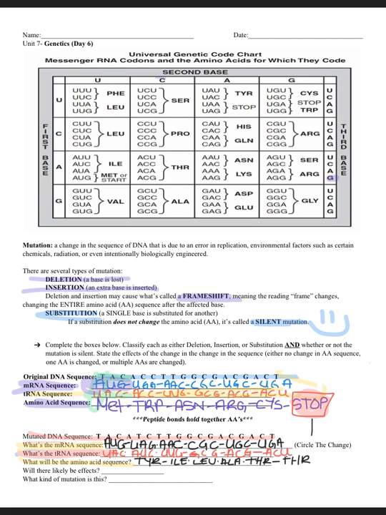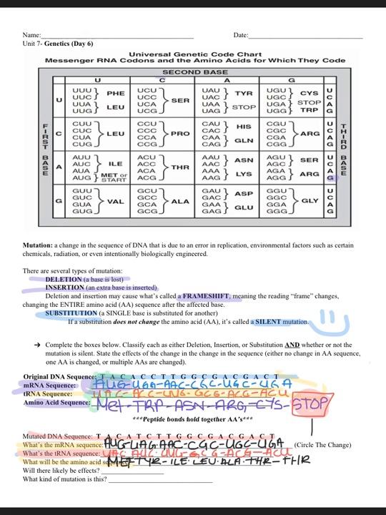For its tRNA sequence, you should have found UAC, AUC, UUG, GCG, ACG, and ACU. For the amino acid sequence, you should have found MET, or START, TYR, ILE, LEU, ALA, THR, THR.